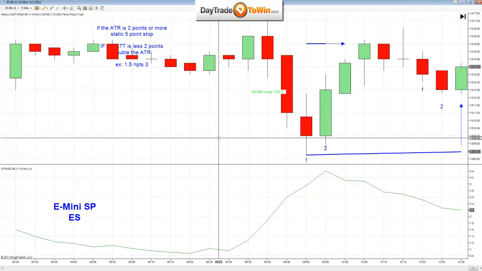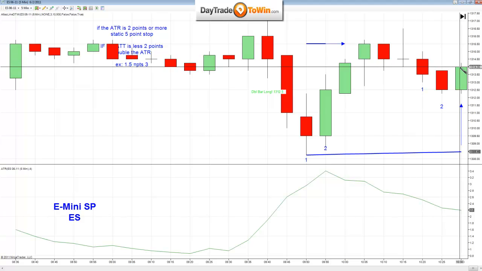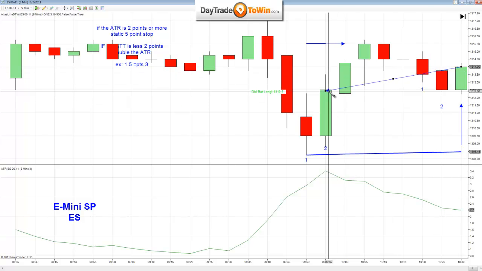But there's a caveat, or a filter that I use to dictate if this is going to be a good trade or a higher probability trade or not. Since we are showing that this is an uptrend, this entry must be higher than my previous order.